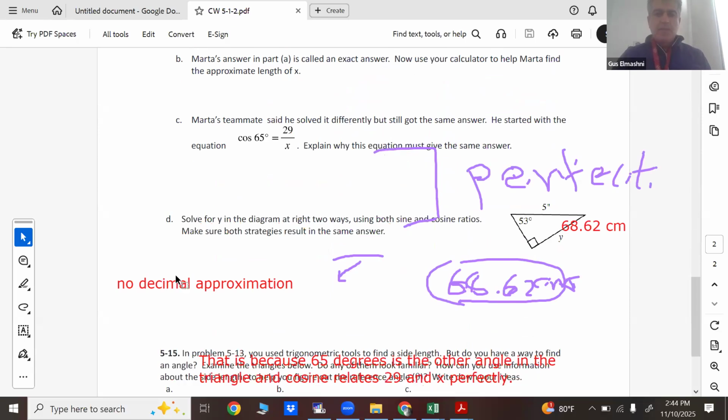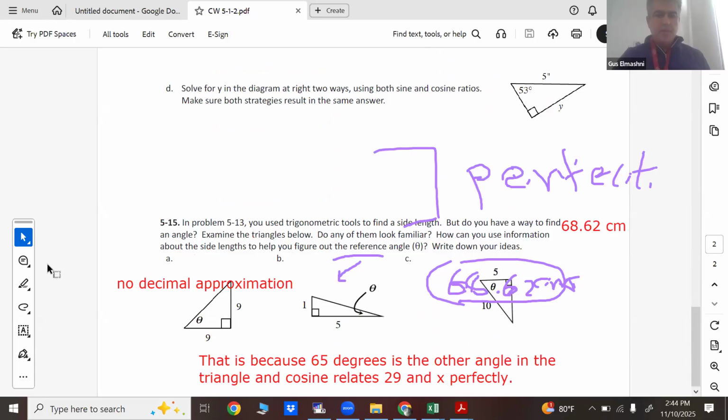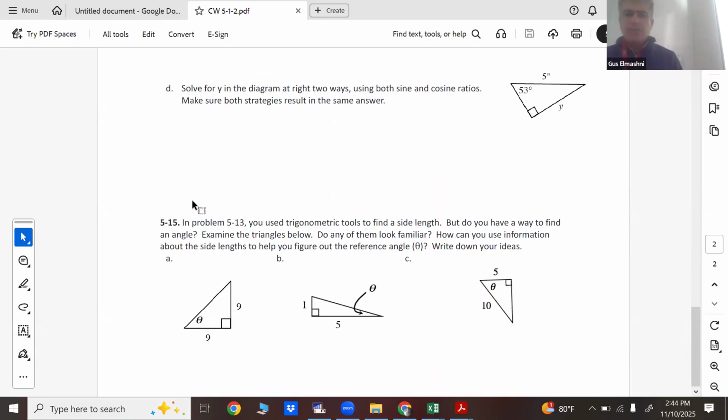So now for part D and then the last problem. Solve for y using two ways, using both sine and cosine. Okay, so what you want to do is figure out this angle here. That's 37 degrees.